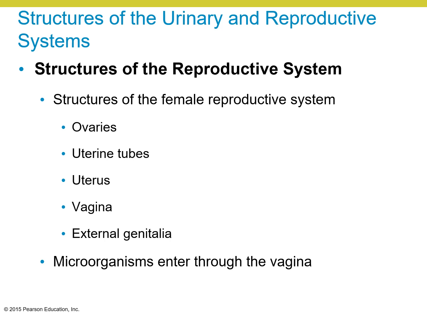This is what basically comprises the reproductive system of females. The majority of organisms enter the reproductive system through the vagina itself.